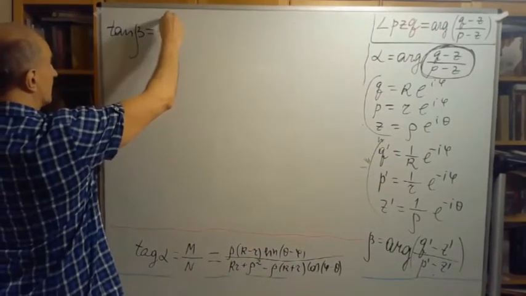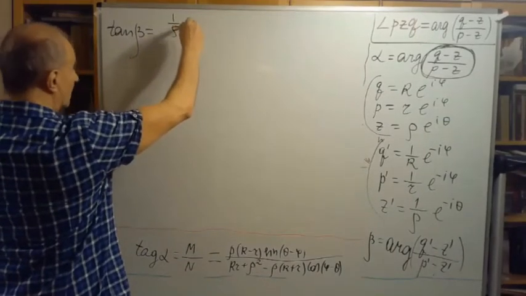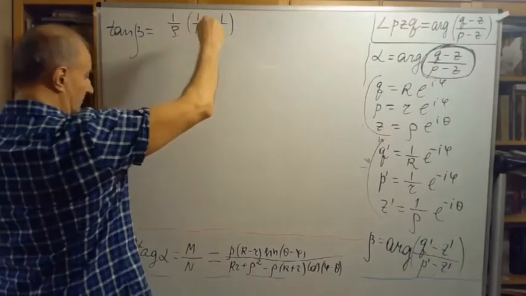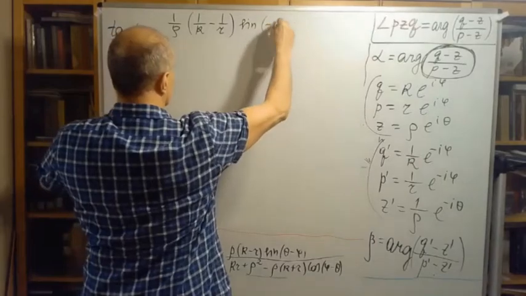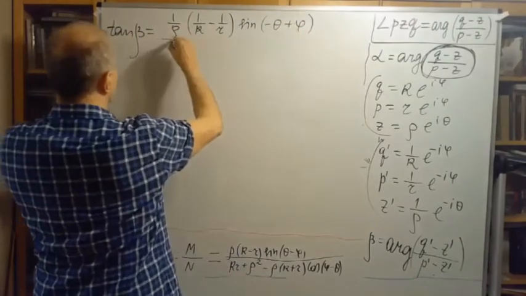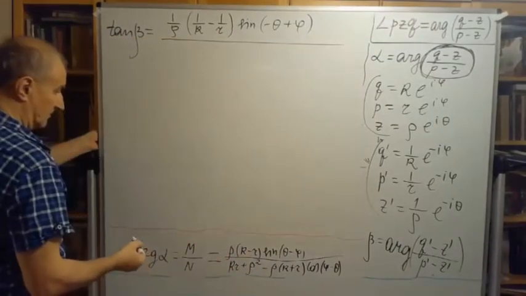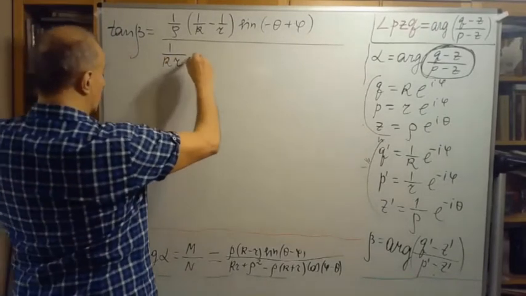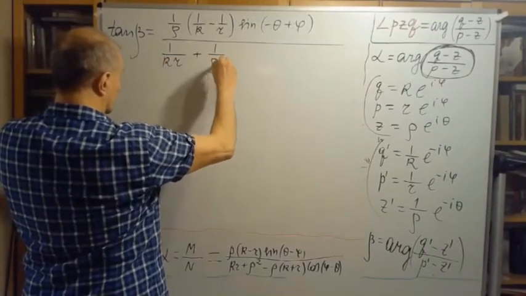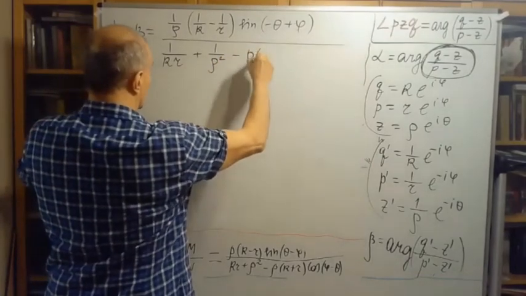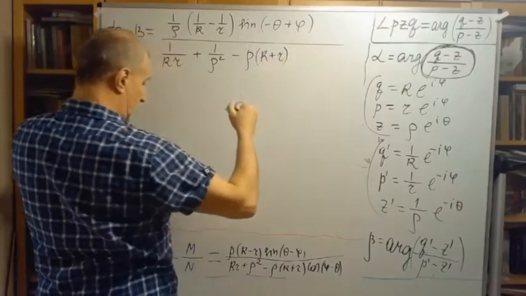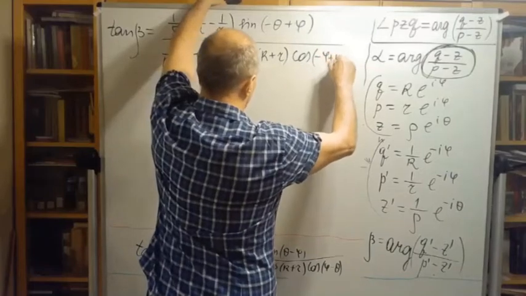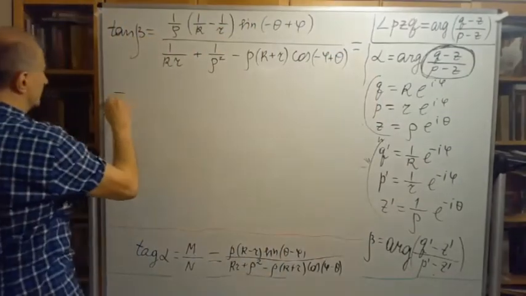So it will be 1 over rho, 1 over r capital minus 1 over r small, sine of negative theta plus phi, divided by 1 over r plus 1 over rho squared minus rho r plus r cosine of minus phi plus theta equals.